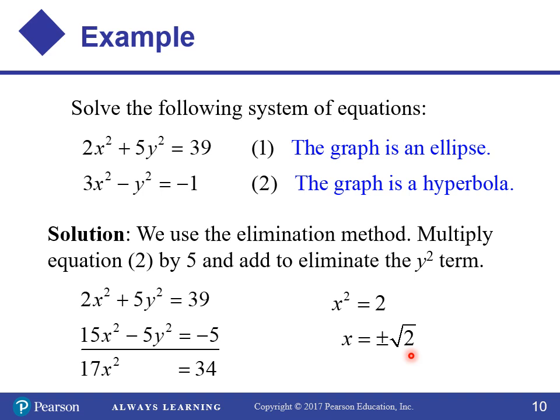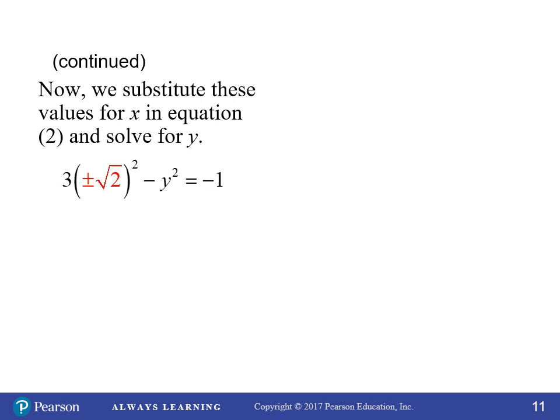So if we take that now, we can substitute it back into either one of the equations. In this example, they're substituting it into the second equation here. When we substitute that in, we have to square this, which is going to get rid of our square root. And they're first just going to do the positive one. If it's negative and you square it, it would also equal 2.